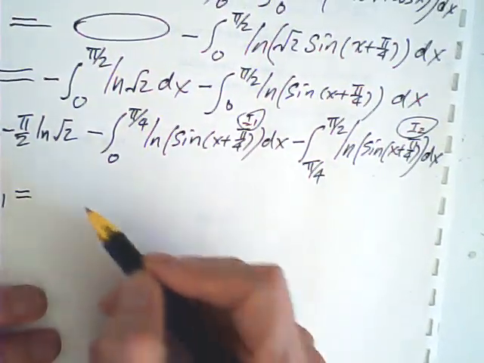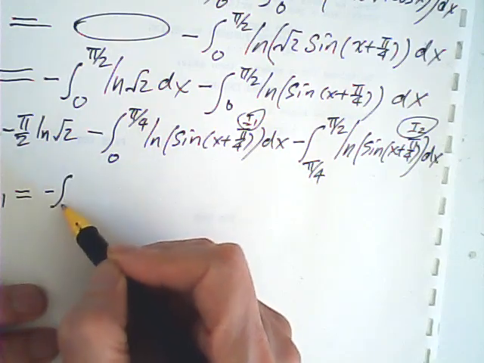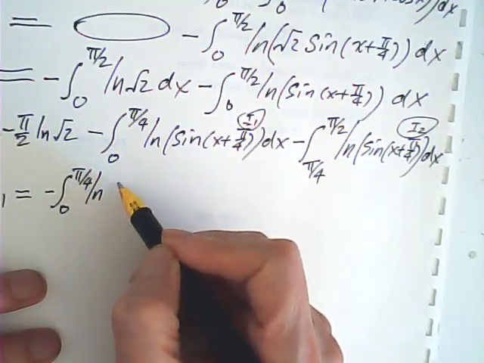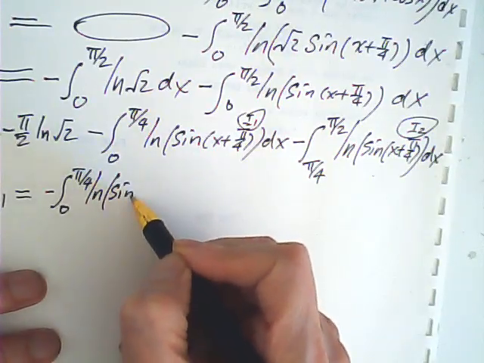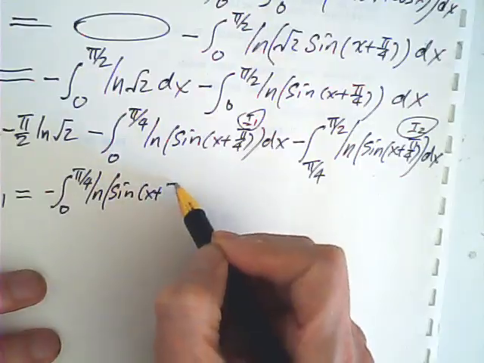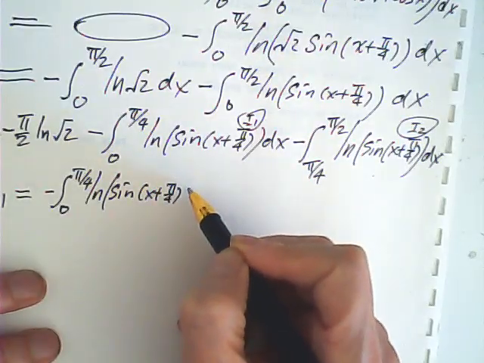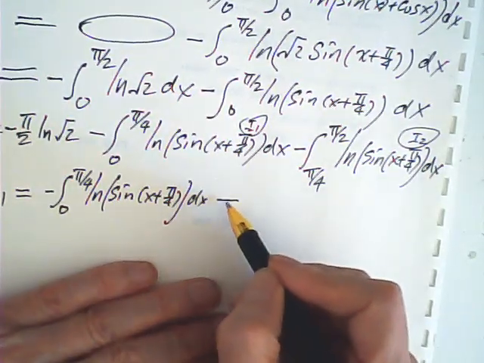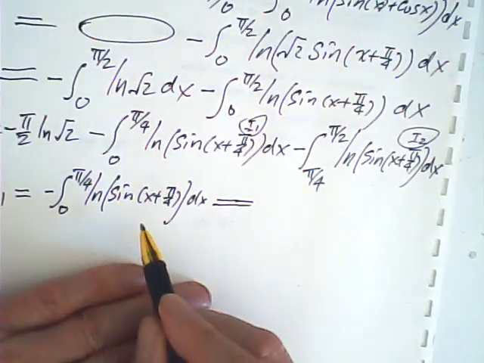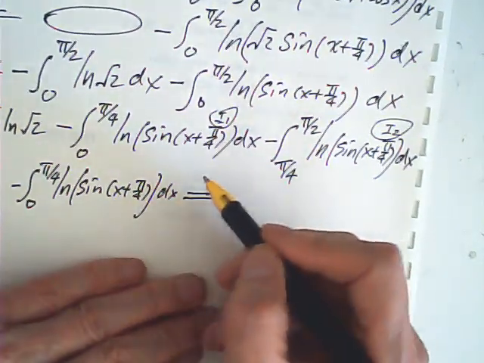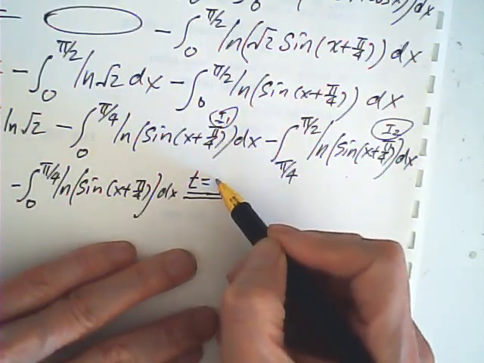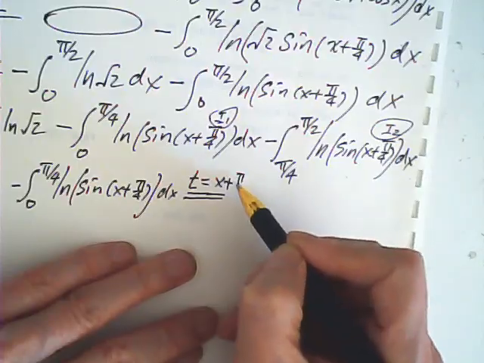I1 is equal to negative natural log sine(x plus quarter pi) dx. I can use a substitution. Let t be x plus quarter pi.